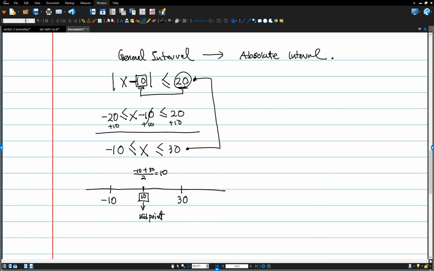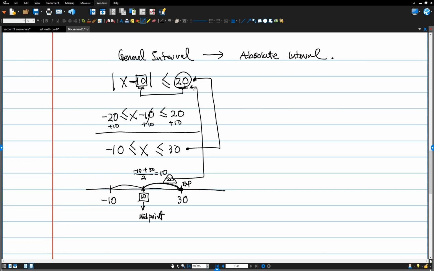This number is the distance from x to the 10. That is this endpoint. The distance is 30 minus 10, or 10 minus negative 10, which is 20. You can use any endpoint. This is the midpoint, this is the endpoint, and their distance is 20, isn't it?